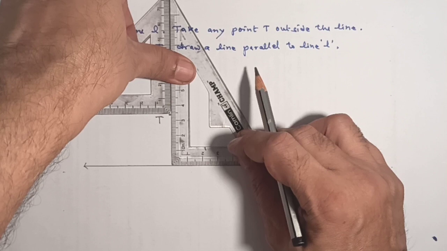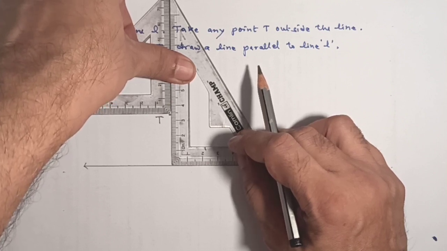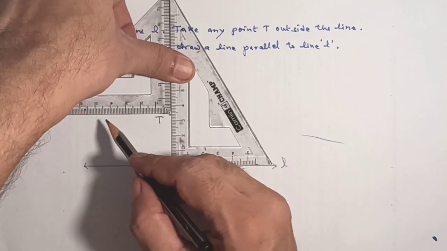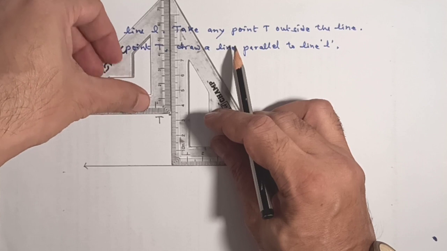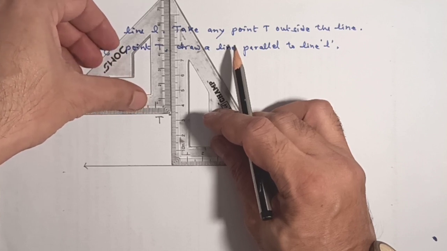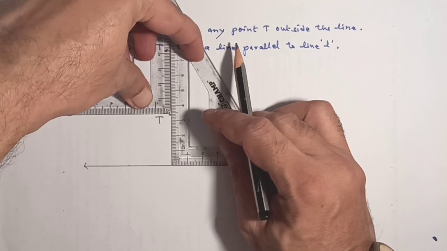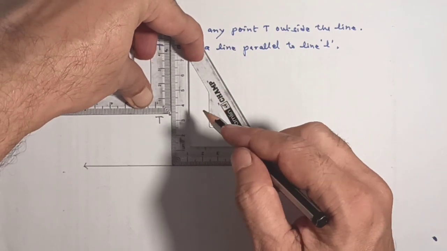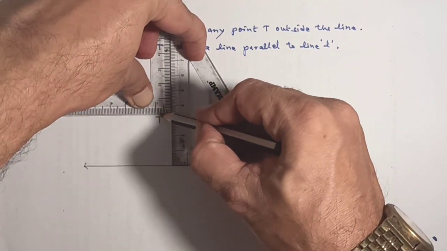Hold set square 1 and 2 in such a way that the edge of set square number 2 is very close to, or in fact touching, point T. Then draw a line along the edge of set square 2.